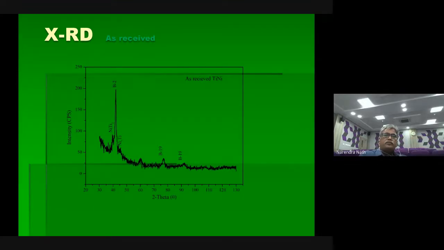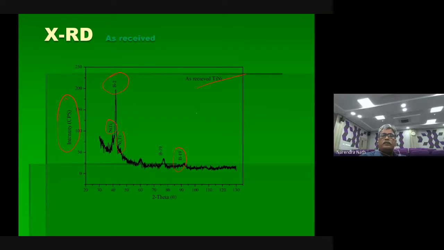You can see intensity, there is no unit, and this is the as-received material, as-received titanium nickel, with 2 theta versus peaks. Now you can see B2 is there, and B19 dash is there, and apart from that, precipitates are there.